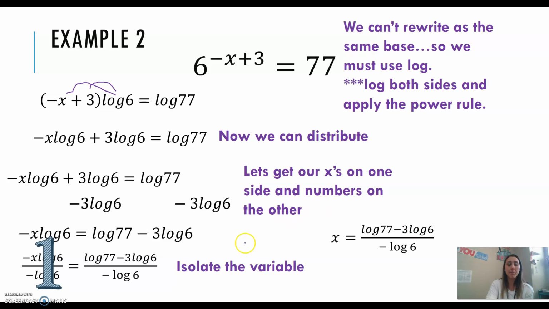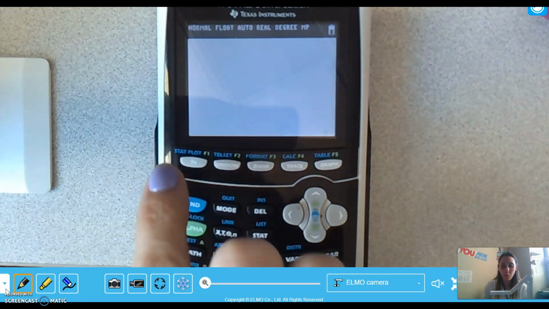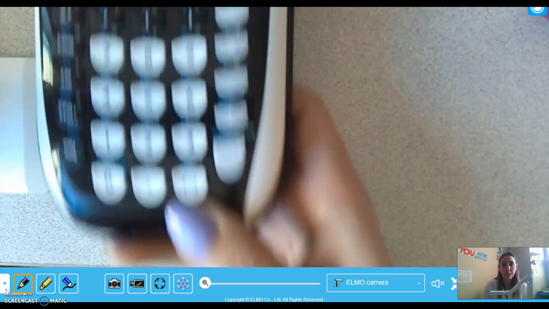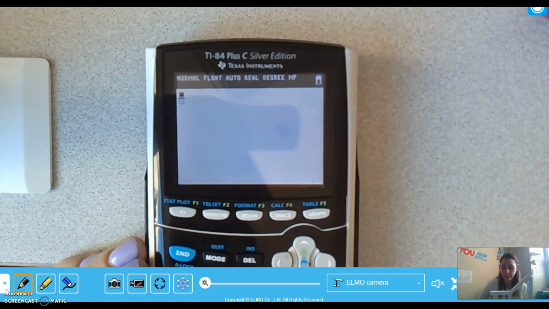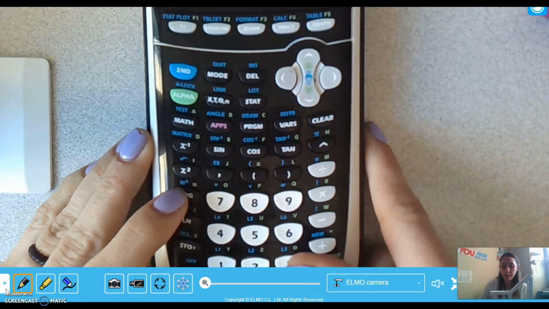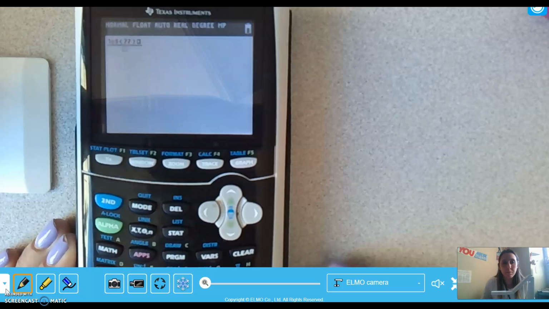Okay, I'm going to hit pause, and I'm going to show you how to type this in your calculator. So what we want to do is hit alpha, y equals, and you should see this box come up, and then you're just going to hit enter. And then you should see a fraction. Then we are going to do log 77, close the parenthesis.